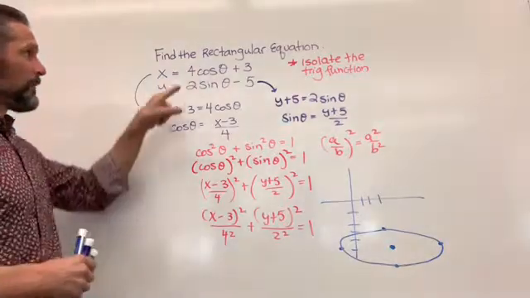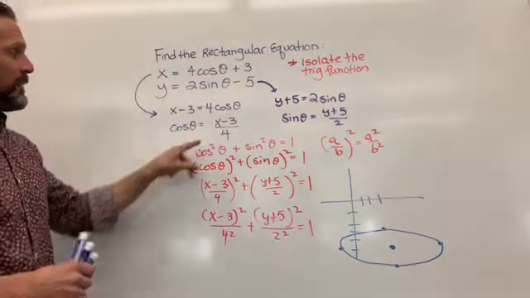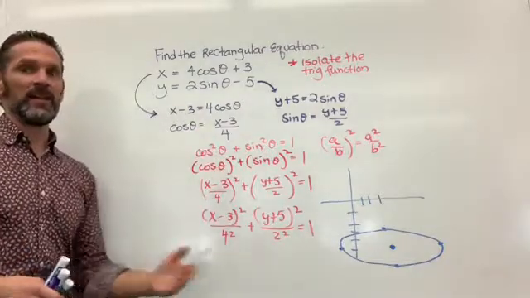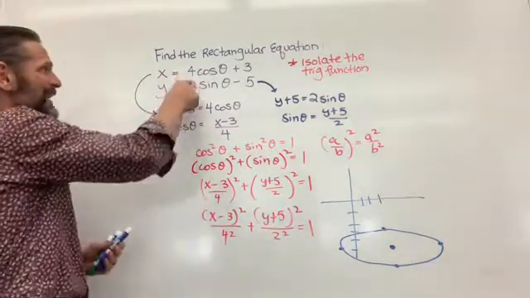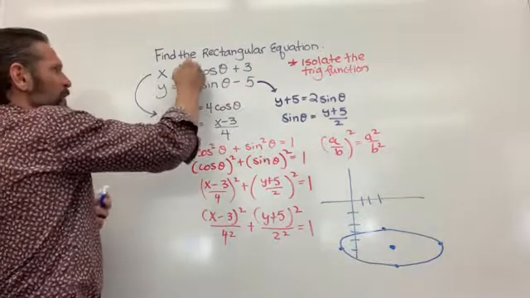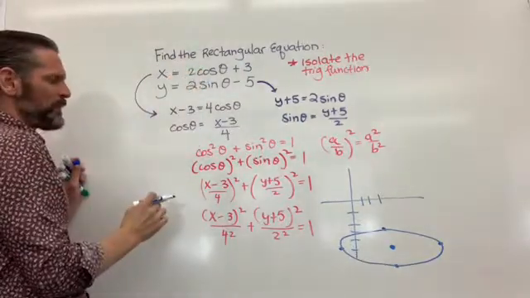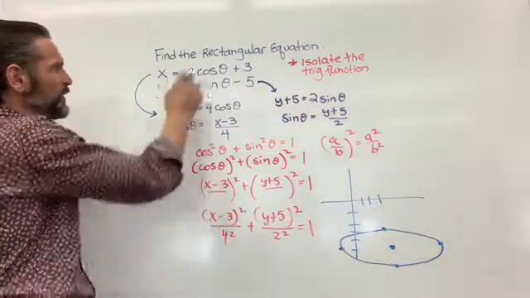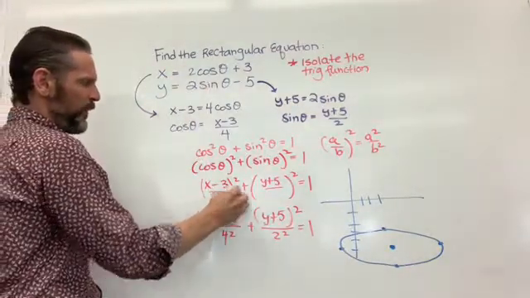Notice cosine and sine, because of the nature of this identity, are always going to give us an ellipse. And let's just say we substituted this 4 with a 2, so I had the same coefficient. Notice that we'd have a 2 and a 2 squared, which give us 4 and 4.